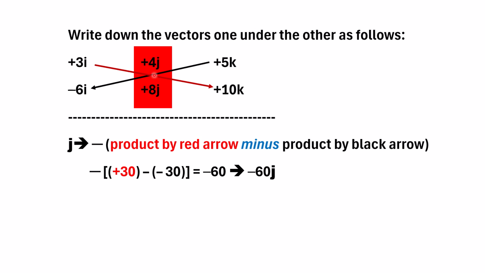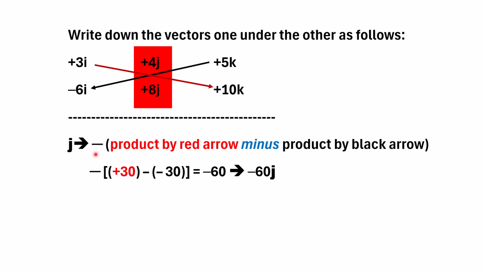Next for j, block the j column, shown by a red rectangle, we omit the j column. Now again product by red arrow minus product by black arrow. Product by red arrow, plus 3 into plus 10, is plus 30, product by black arrow, plus 5 into minus 6, is minus 30, but this time we have to put a minus sign outside.